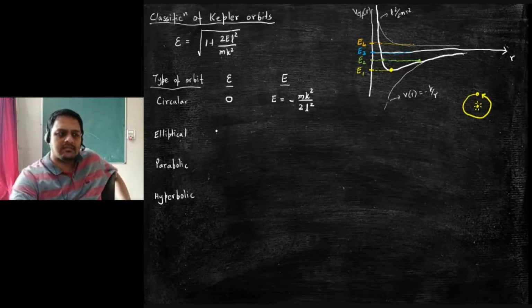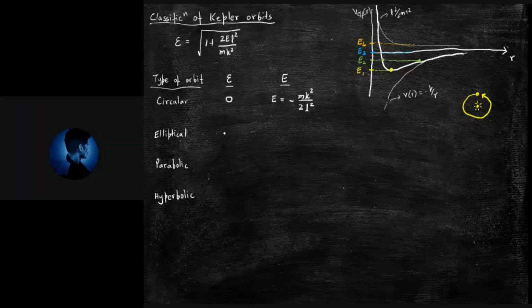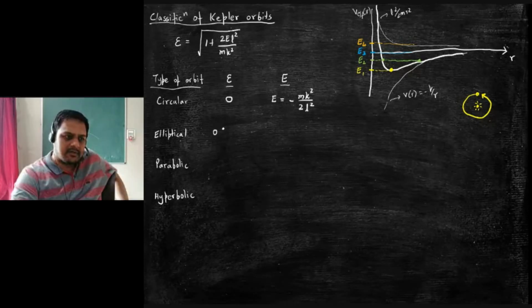Do you know the eccentricity limits for any of these things? For elliptical, what is the eccentricity? Greater than 0 till any limit? Less than 1. So 0 less than epsilon less than 1.